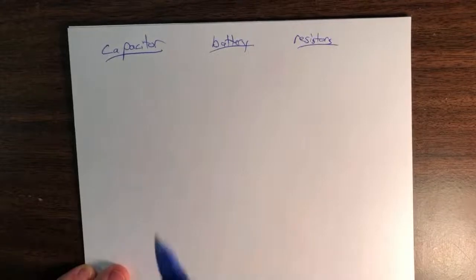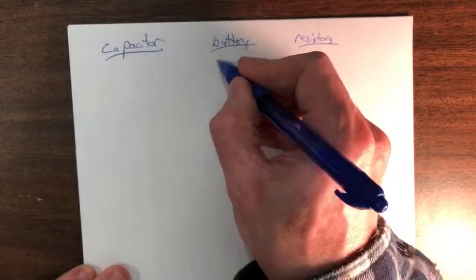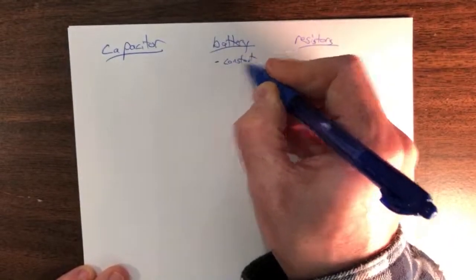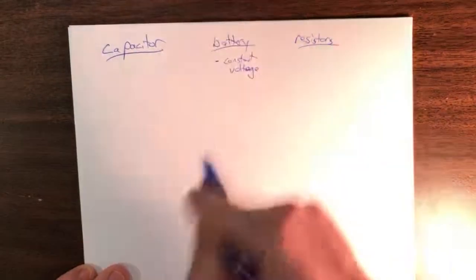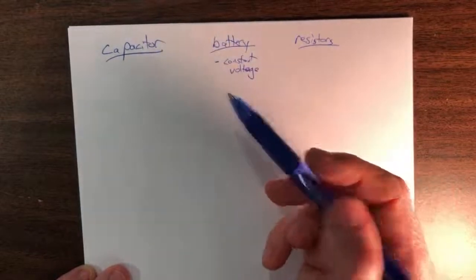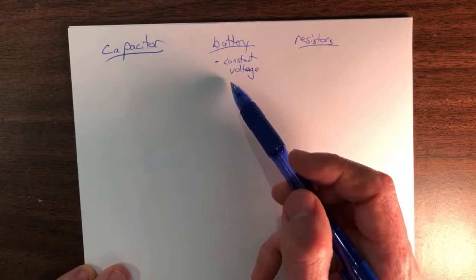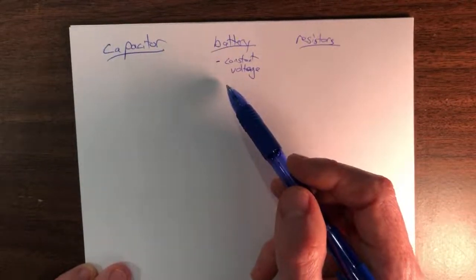The battery is going to be supplying some sort of relatively constant voltage. So you might have a 1.5 volt battery, a 9 volt battery, or something like that. Now, obviously the voltage of a battery is going to decrease over time, but they give a fairly constant voltage.